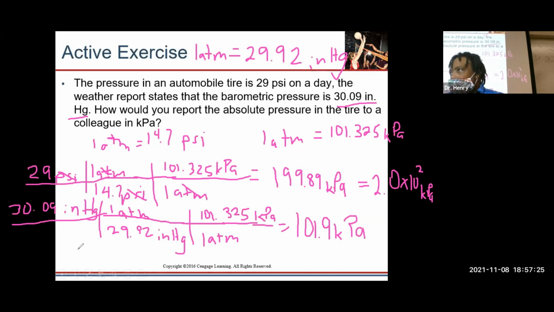Excellent. So essentially 200 plus 101.9. So that's going to equal kPa.